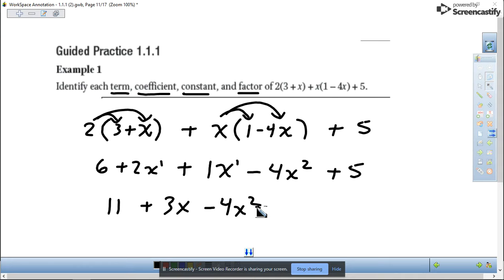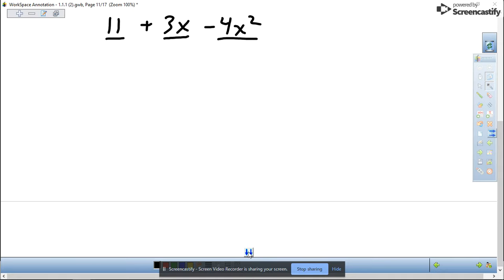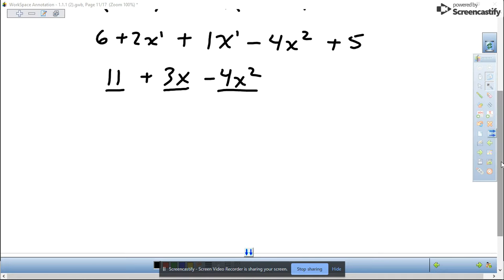All right, the last thing that you should remember from previous years is that you want to order these in descending order based on the exponents. So in other words, this piece with the x squared should go first, this piece should come second, and then the number by itself should come third. So we're going to go through and do that.